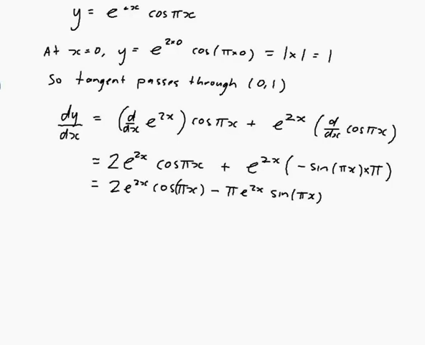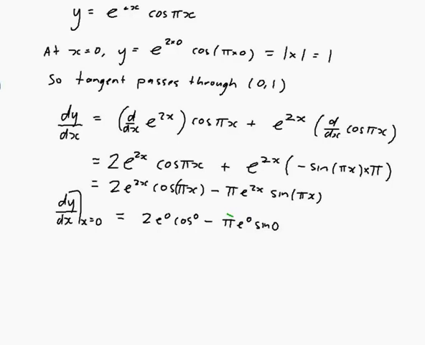Okay, now I'm interested in what this derivative is when x equals 0, so dy on dx when x equals 0 is equal to 2e to the 0 cos 0 minus pi e to the 0 sine 0. Now sine 0 is 0, so this last bit disappears.